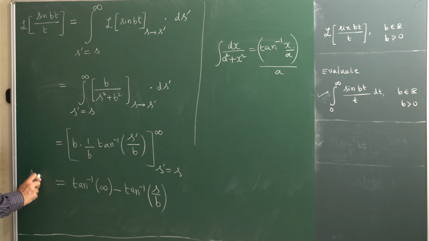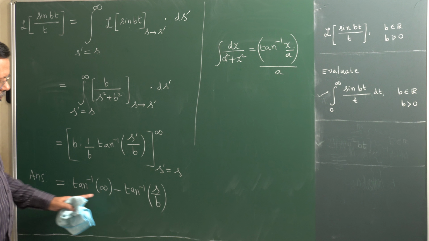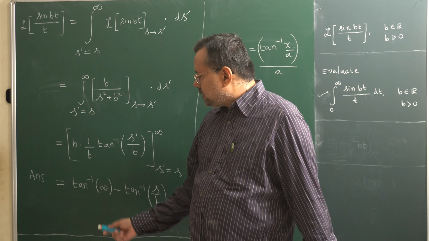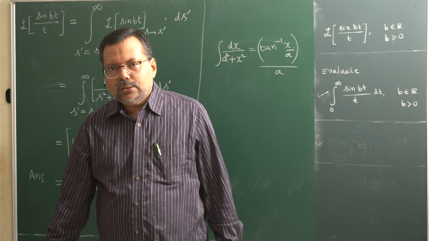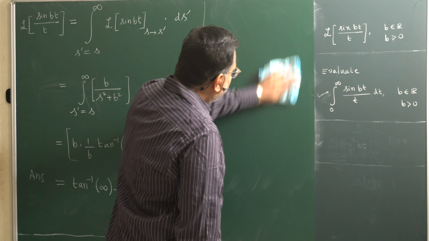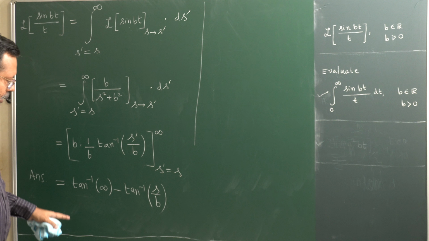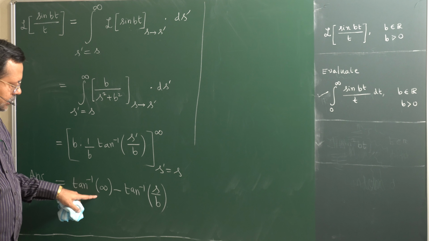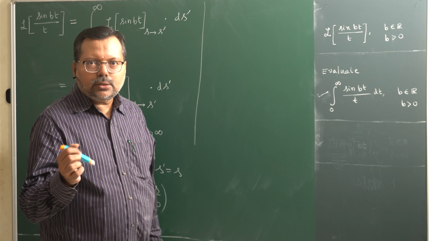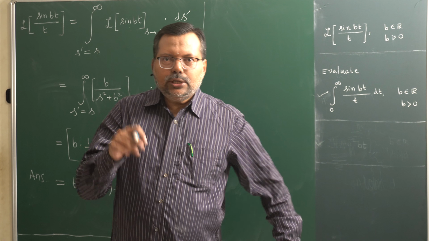Technically speaking, you got the answer: tan inverse of infinity minus tan inverse of s by b. However, you can simplify one or two steps. Whenever it is possible, you can simplify; otherwise you can leave it. As I already told you in the previous class, you cannot substitute infinity into any function.